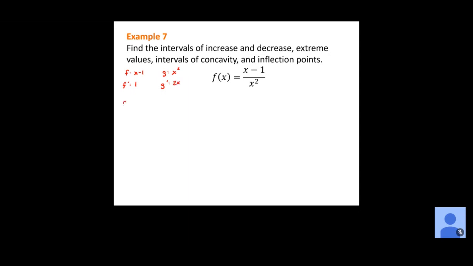Good. So now when we find f prime of x, just remember we start with our g function, so it's going to be x squared times f prime, which is 1, minus f, which is x minus 1, times g prime, 2x, all over g squared, x squared, squared.